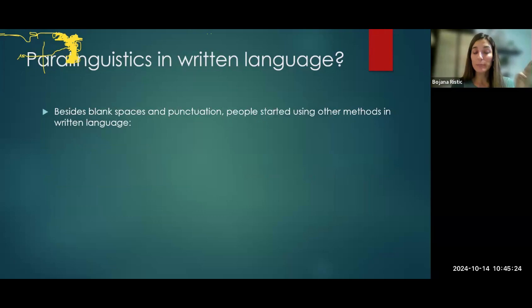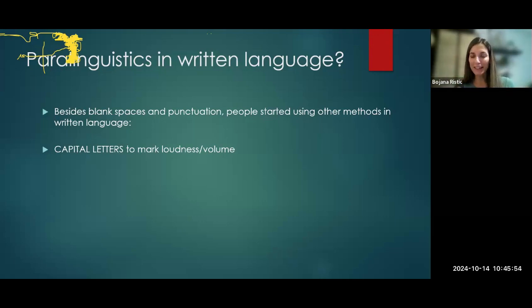So besides blank spaces and punctuation that I mentioned, people started using other methods to mark paralinguistic information in written language. For me, one of the more interesting ones is that capital letters are sometimes used, and I say sometimes because it's not a universal code that everybody understands, but very often capital letters mean you are yelling, right?